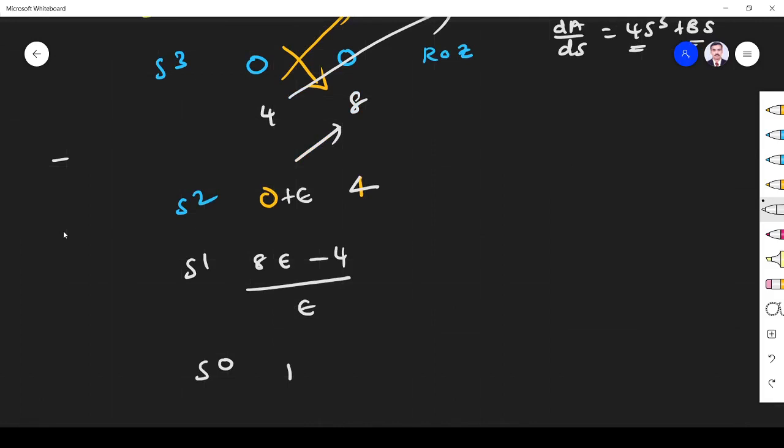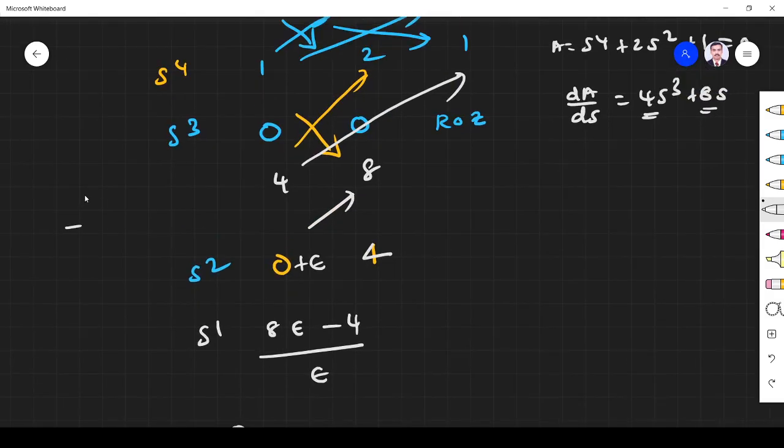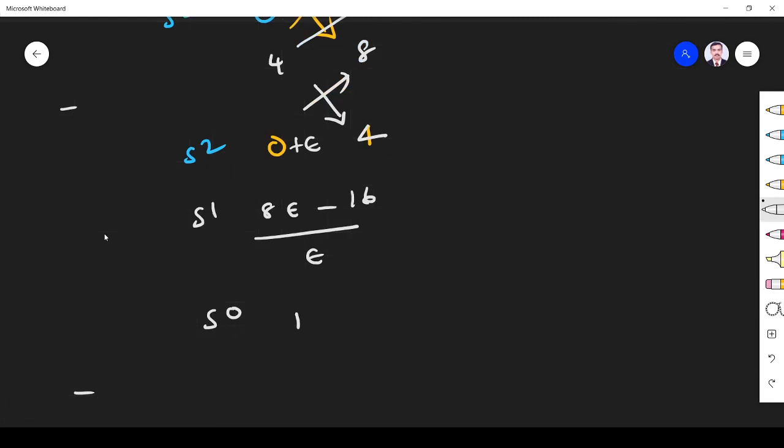So 8 epsilon. Now if you multiply, it is 8 epsilon minus 16. Please change it. 8 epsilon minus 16. Right? So you see, when you remove this epsilon, equal to 0 after the completion, what will happen?